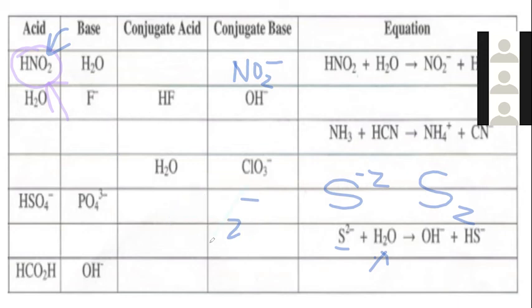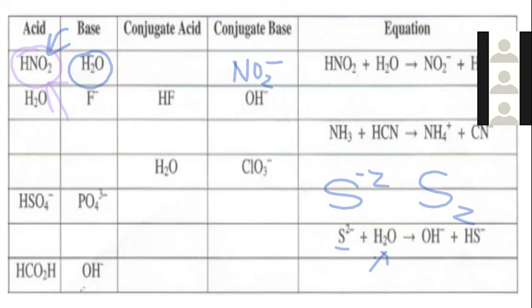So what's going to be my conjugate acid then? If the base is water, the base is what accepts the proton. So the proton went somewhere. Where did it go? It went over to the conjugate acid.